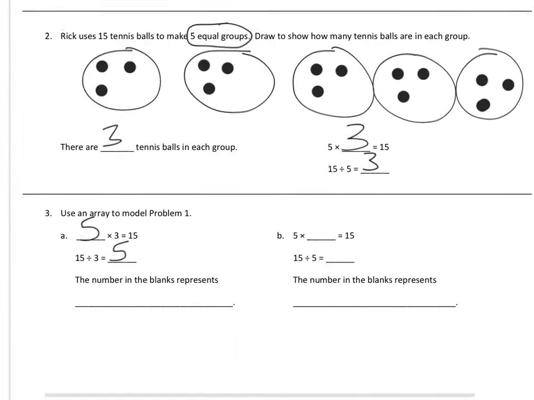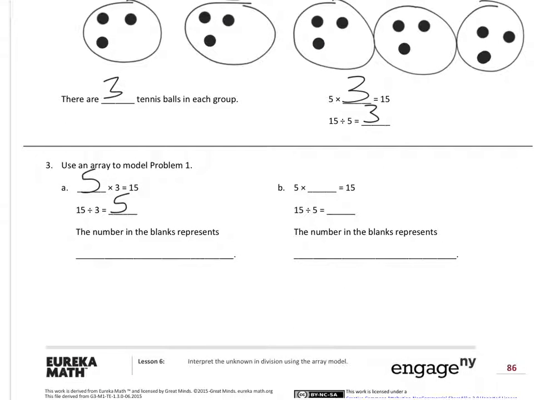Well, 5 was our number of groups. So, if 5 is our number of groups, when we draw our array, should it be the number of rows or the number in each row? It should be the number of rows. So let's write rows on the line. We'll write rows and we'll write groups.